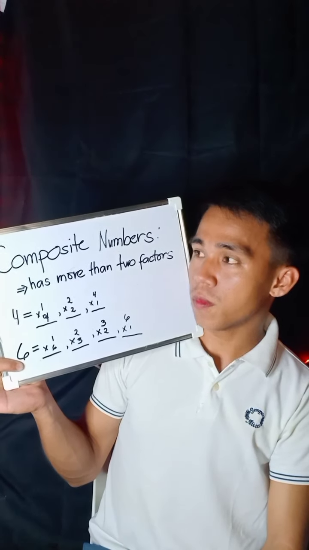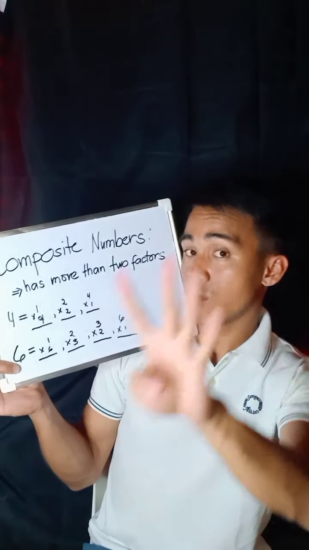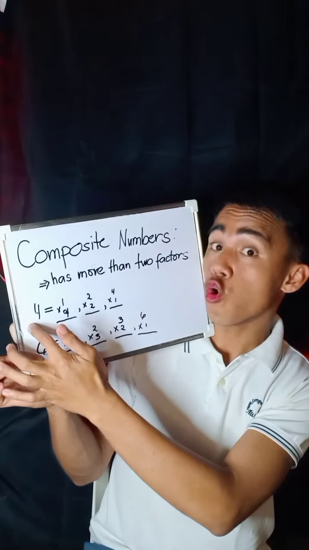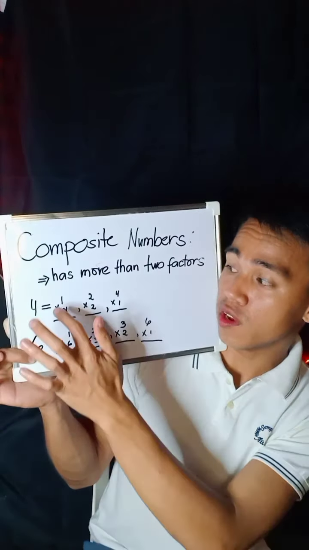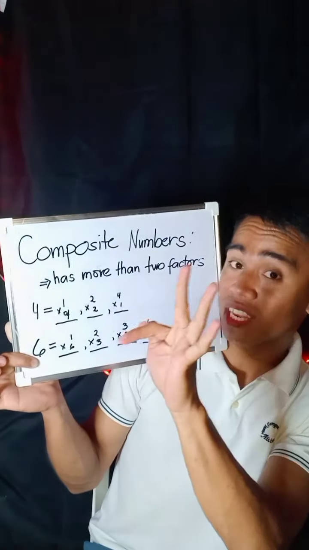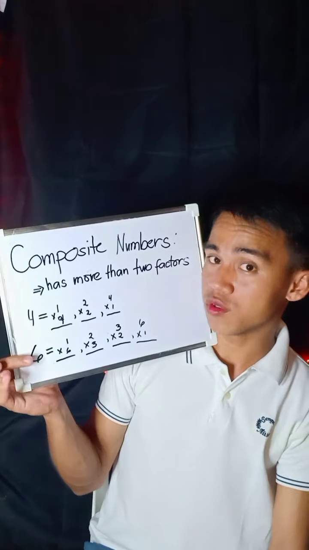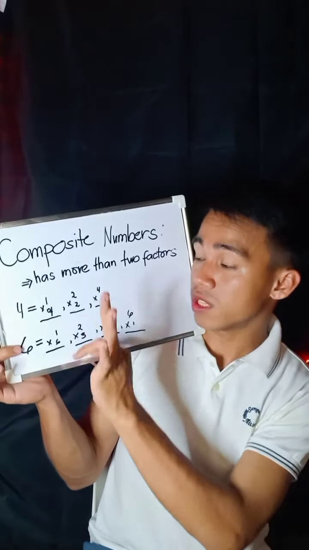That is the second factor. 4 times 1 equals 4. So there are 3 factors in 4, and that's why it is composite. Meaning there are 1, 2, and 4. There are 3 factors that you can use to find 4. So it has many, more than 2.